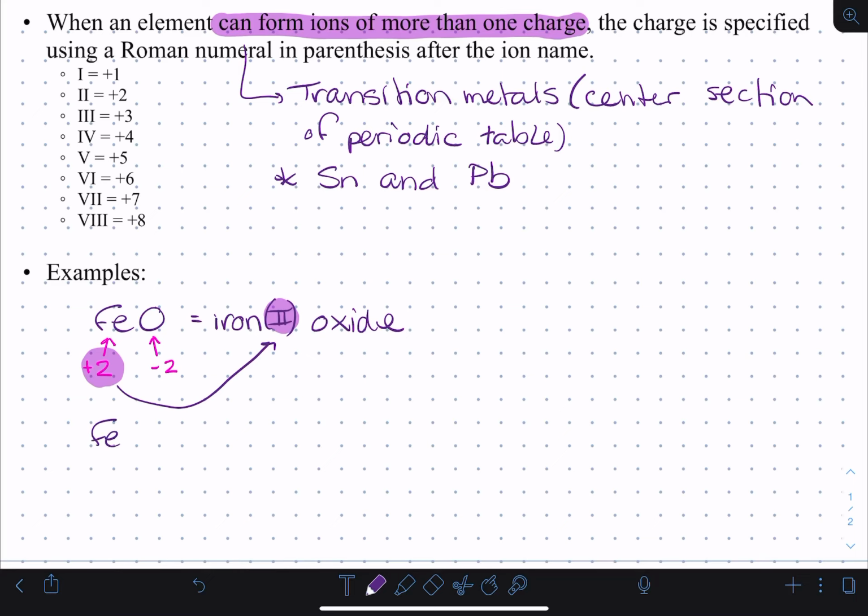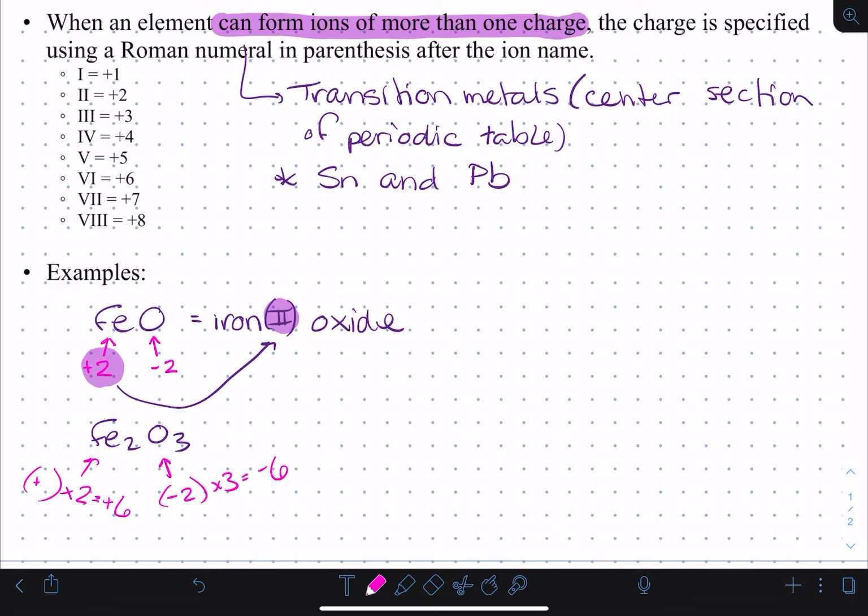So if we look at Fe2O3, oxygen still always has a -2 charge, but now we have 3 of them. So there's a grand total of 6 negative charges here. We don't know what the charge on iron is, but 2 of them has to equal +6 in order to balance this out.